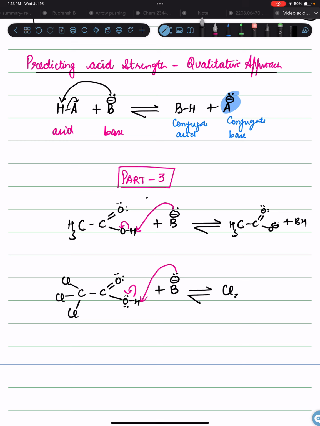So I'm writing Cl3 for all those chlorines, C double bond O, O negative, plus BH.